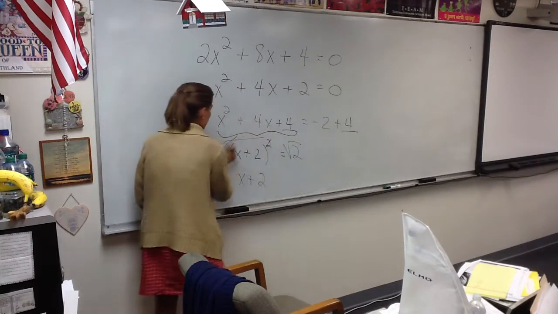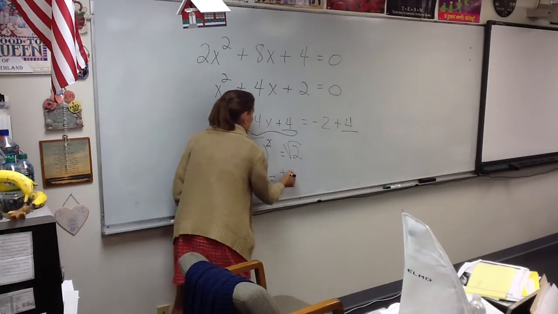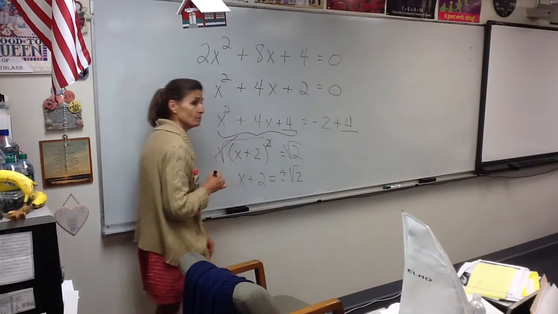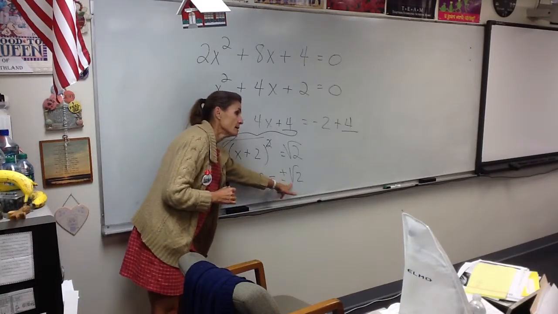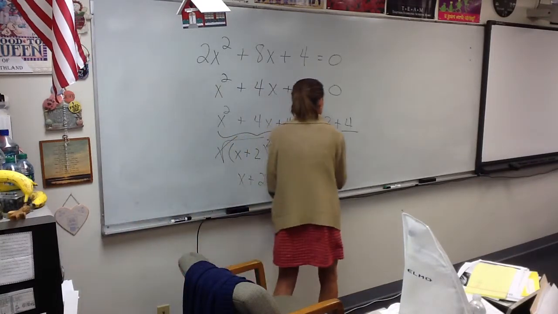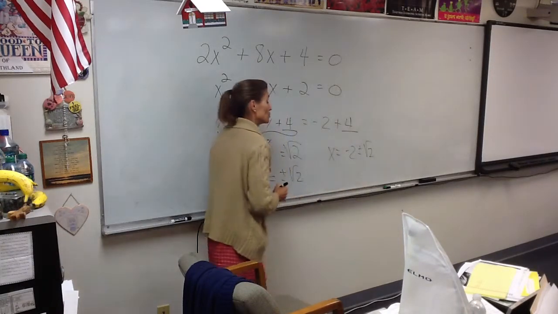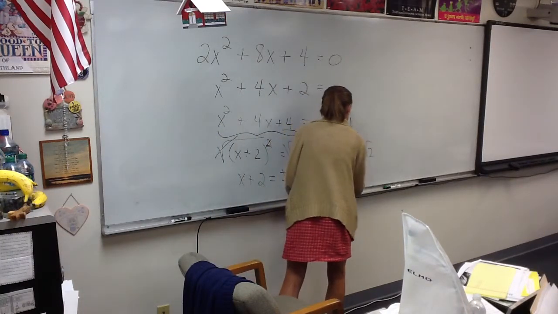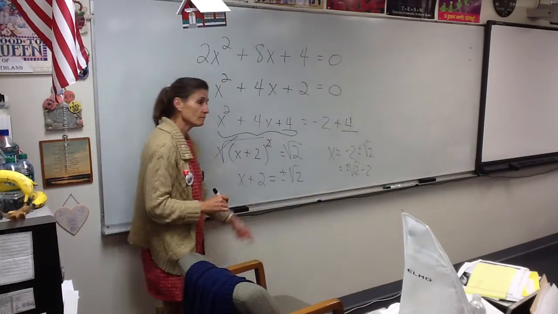And when we do that, these cancel and leave me with x plus 2 equals plus or minus root 2. And then we subtract 2. So x equals -2 plus or minus root 2, or plus or minus root 2 minus 2 if you wrote it that way.